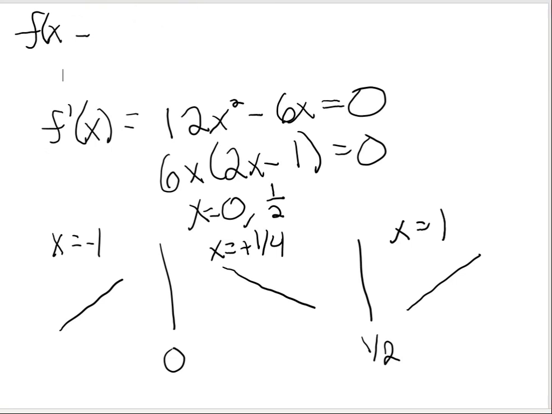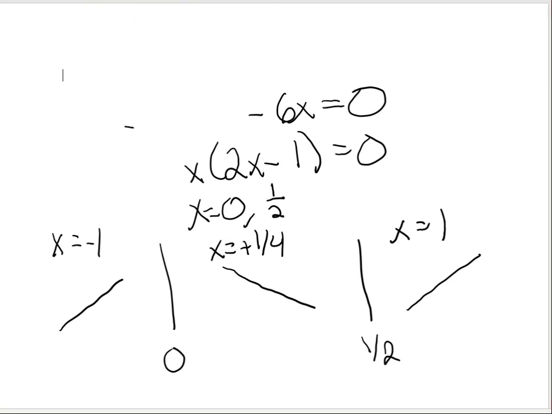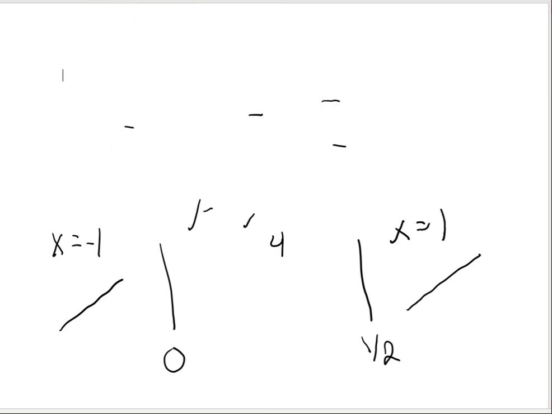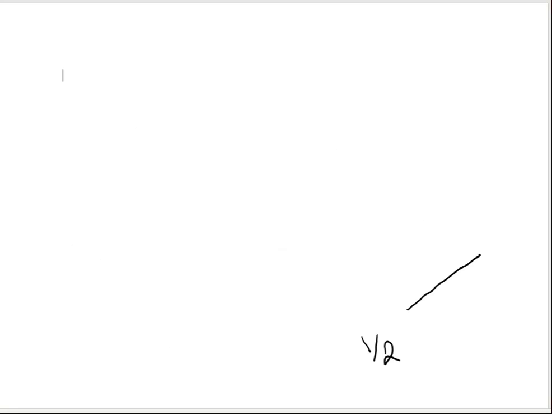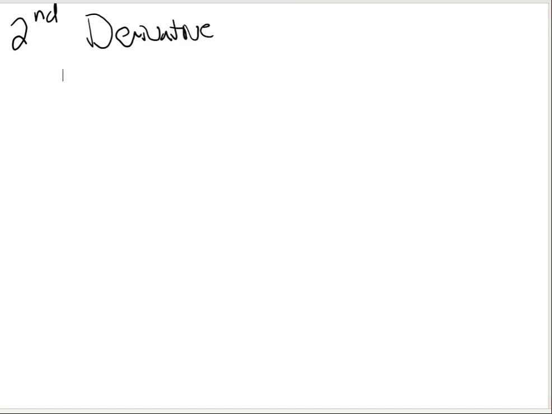Okay, so the last topic for this section, and we're going to do more examples tomorrow, is what is known as the second derivative test, which is different from the concavity test, but related to the idea of concavity.